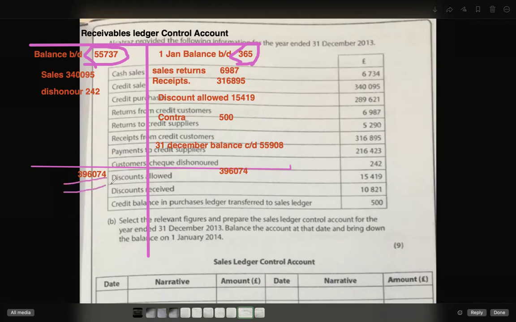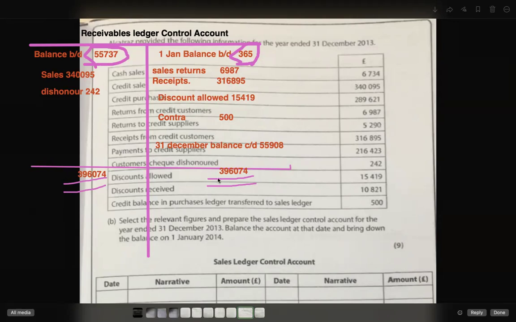Sir, can I get returns to credit suppliers? Why isn't it included? What account are we doing? Suppliers control account or receivables control account? Receivables.